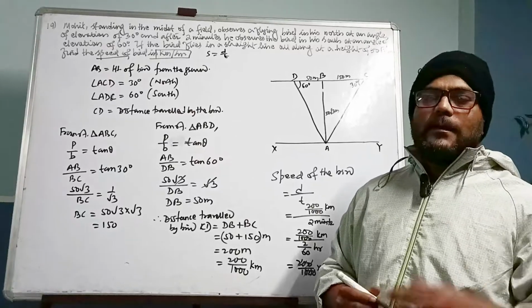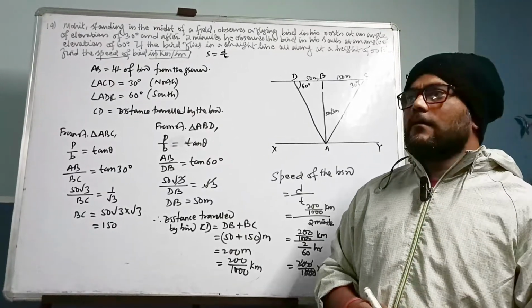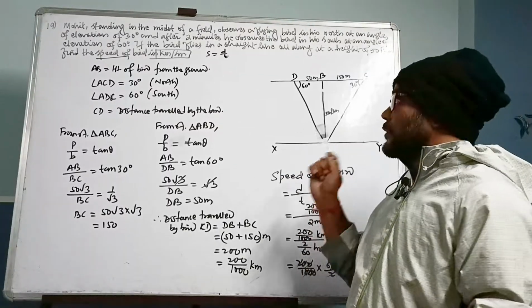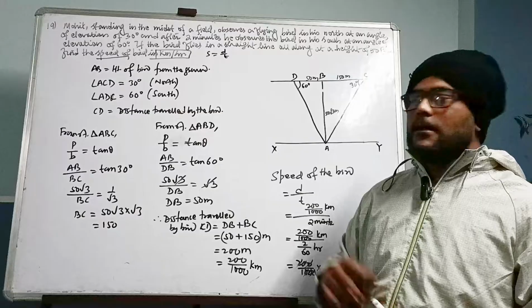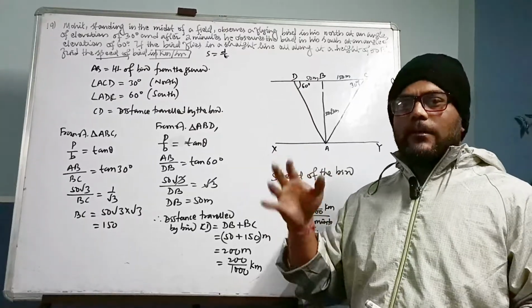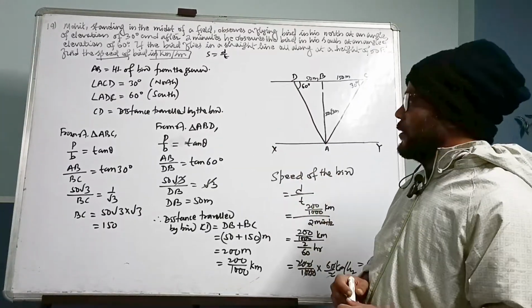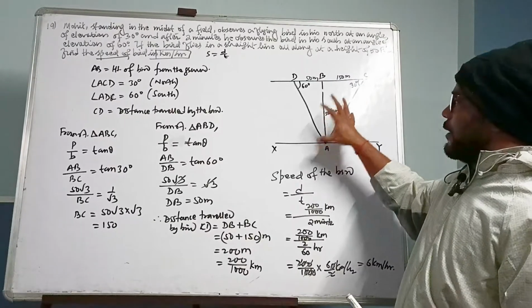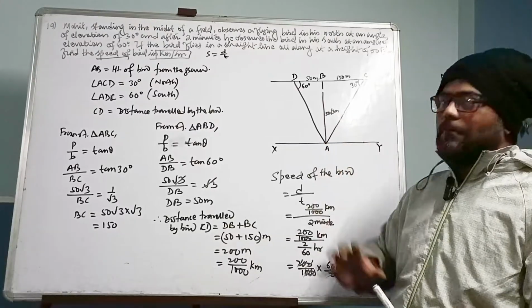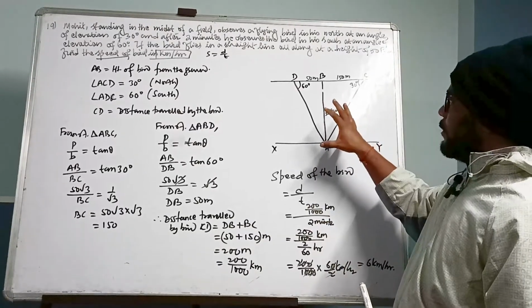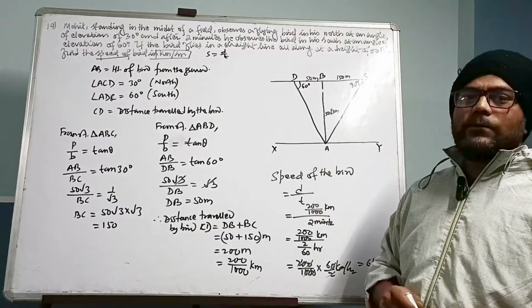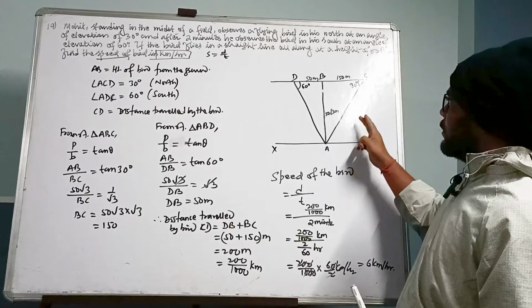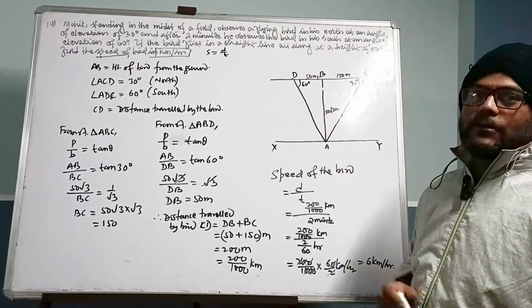Okay, the main thing I want to say to you, students, is that you have to understand the question and you have to understand the terms: angle of elevation, top of the monument, foot of the monument, roof of the building. Okay, so if you understood the question, then you can easily draw the diagram. Okay, and after drawing the diagram you have to make a plan. By seeing the diagram, what value is supposed to be found out, and what should be my way or the process or the steps to get to that answer.